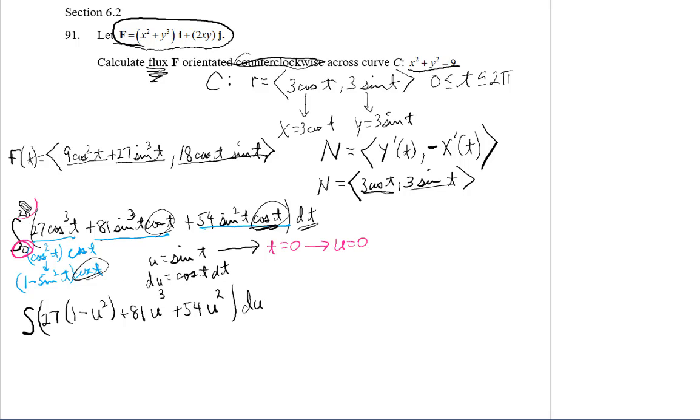And t equals 2 pi converts to u equals sine of 2 pi, or u equals 0. And that's interesting. Our new integral would be from 0 to 0. And since they're both the same number, it doesn't really matter what that comes out to be, because the integral is going to be 0.